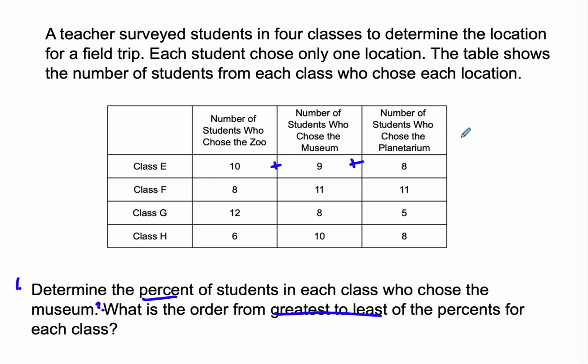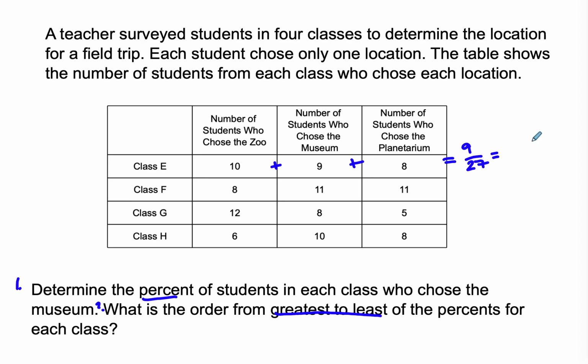Okay, so the first thing we need to do in order to do our percent is know how many kids are in the class. So if we add these together for class E, we have 17 plus 10 is 27 kids. Out of those 27, the ones that chose the museum, that's 9. All right.